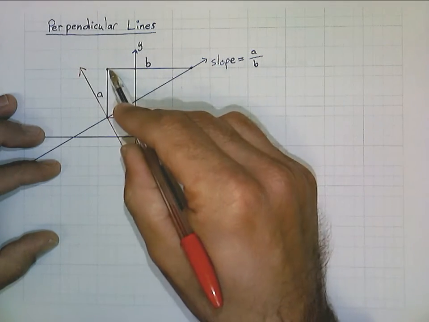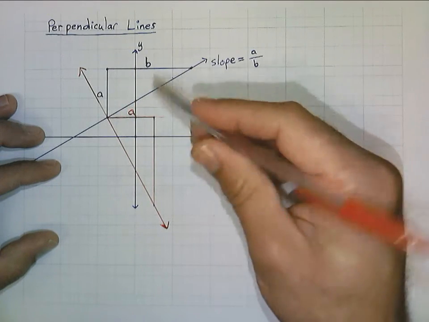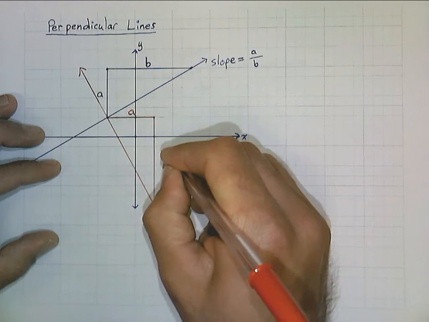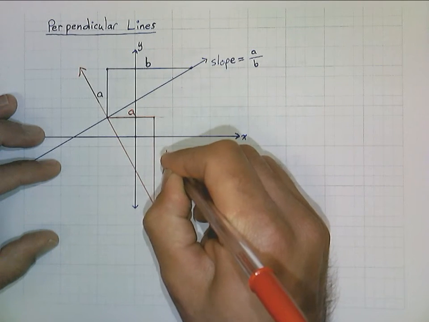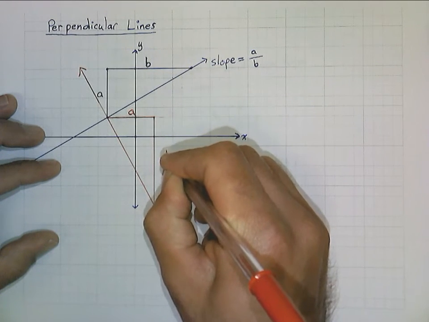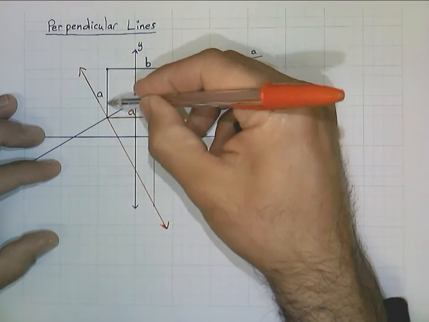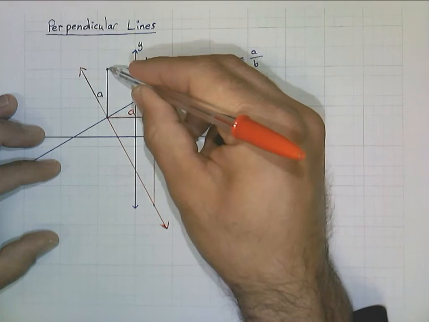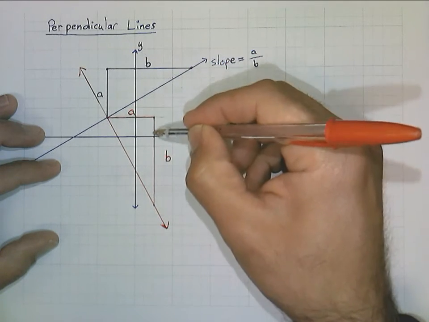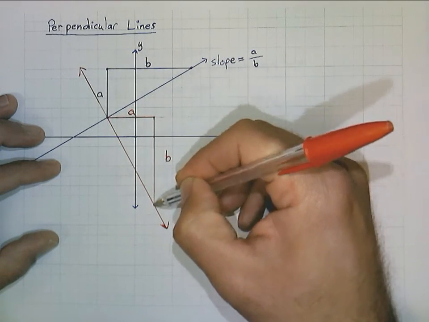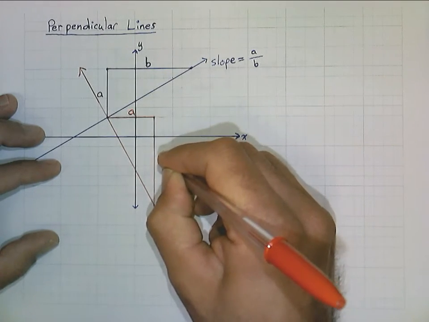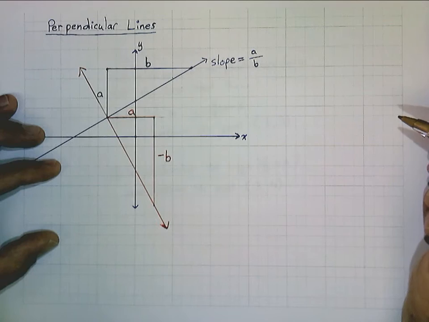Now this run of B became this vertical line segment here. But now if we're looking at this as a rise and run, this rise became a run. This run now became a rise, but it's now not a rise of B, it's now going downward, so this is a rise of negative B. Right?